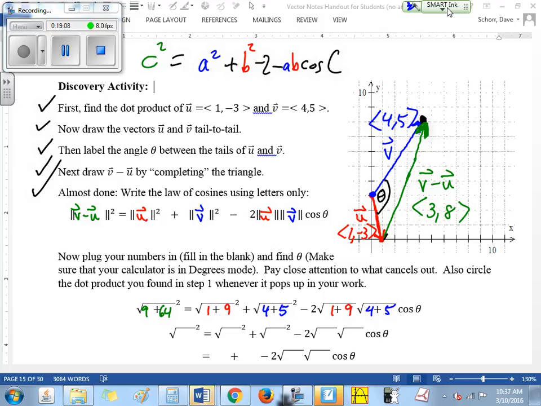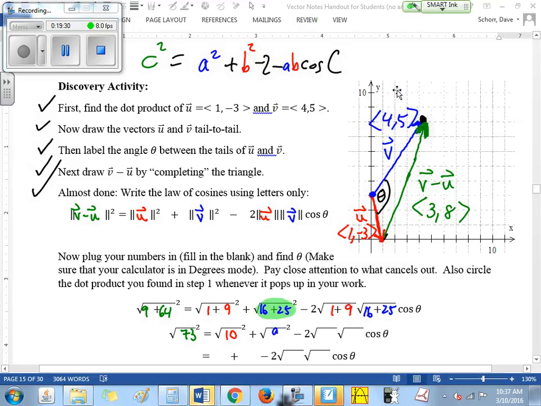In other words, we have the square root of 73 on the left, square root of 10 on the right, square root of, this should be a 25, right guys? No, this should be a 16 plus a 25. Mr. Shore is getting sloppy. I'll highlight my mistakes so you can easily find them.